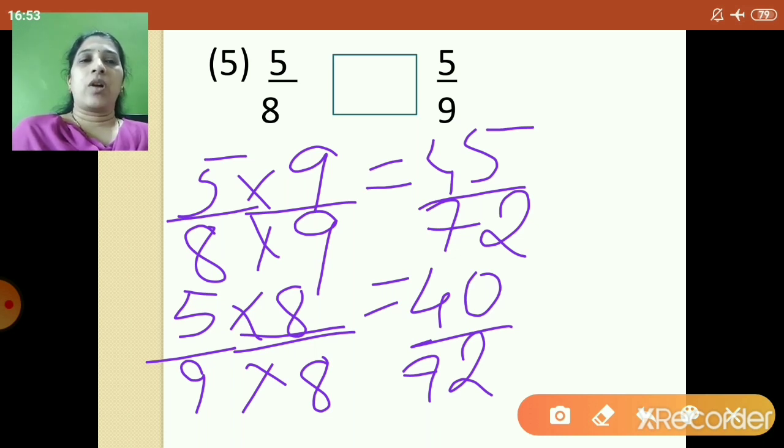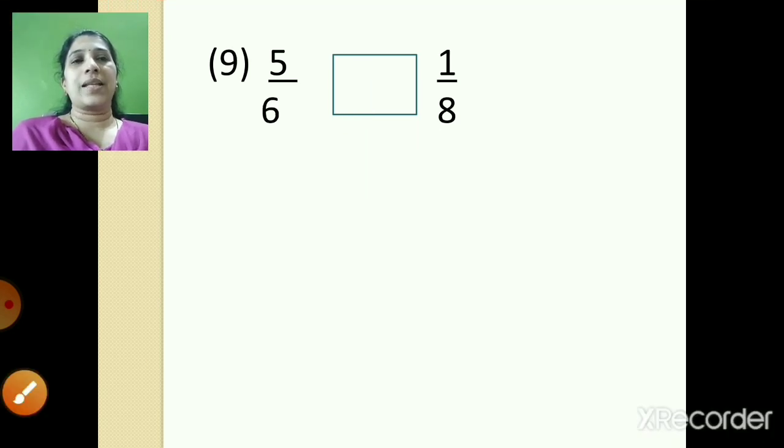Now between 45 and 40, which is the greatest? 45 is the greatest. So you will write, therefore 45 upon 72 is greater than 40 upon 72. So 5 upon 8 is greater than 5 upon 9. So students, I hope you are understanding it. Let's move to the next one.